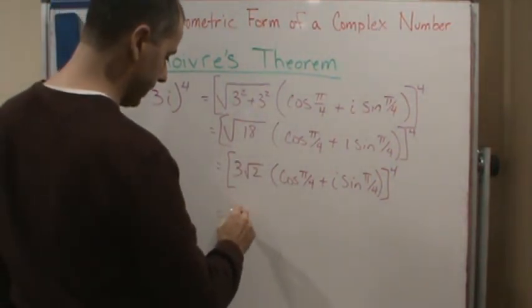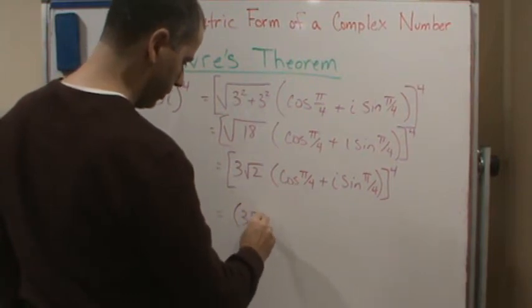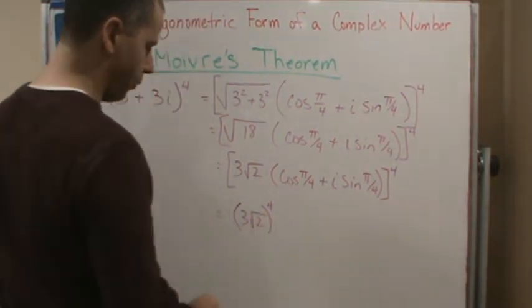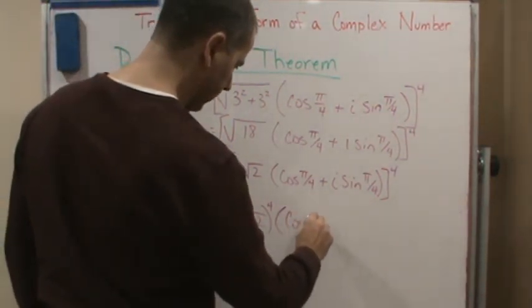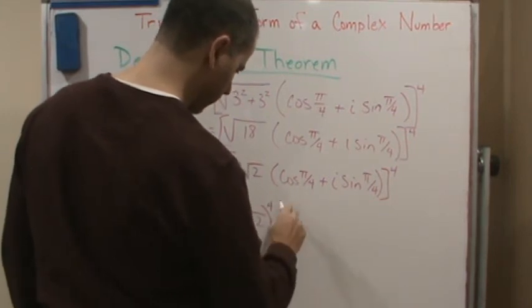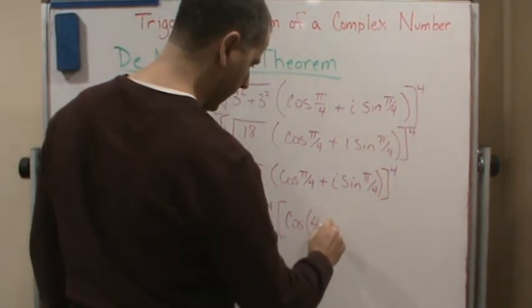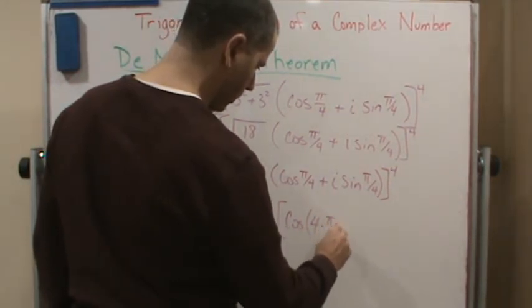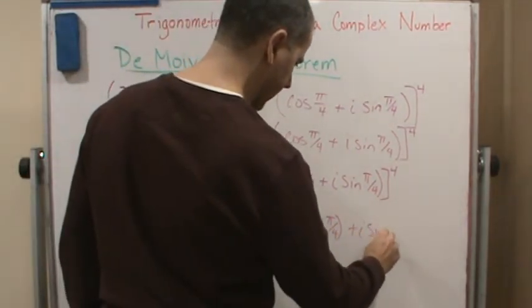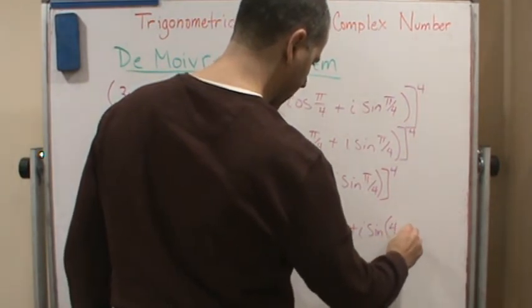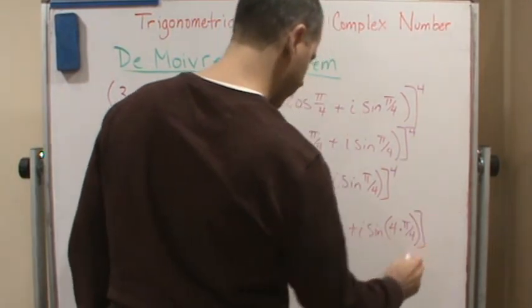This is going to be 3 root 2 raised to the fourth power times cosine of 4 times pi over 4 plus i sine 4 times pi over 4. And that's it.